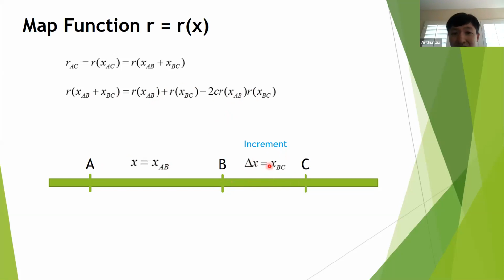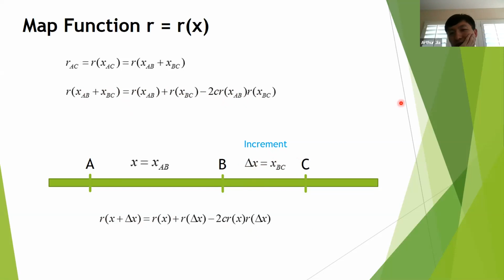So we define the distance between BC as the increment of XAB, and use delta X to represent it. Now we can rewrite this formula into this, because XAB equals X and XBC equals delta X, which is a small increment. Okay.